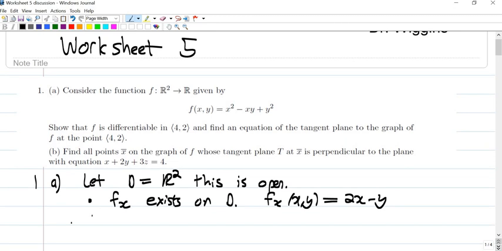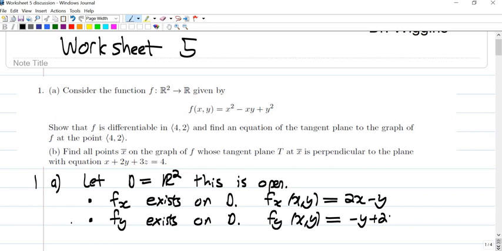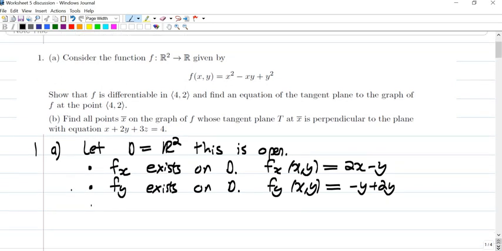The second part is f partial y exists on D. And we actually have a formula, f partial y, that is equal to minus x plus 2y. And then also, f partial x is continuous at the point (4, 2), because f partial x is a polynomial.